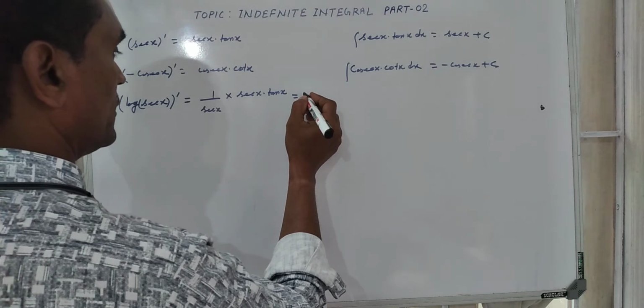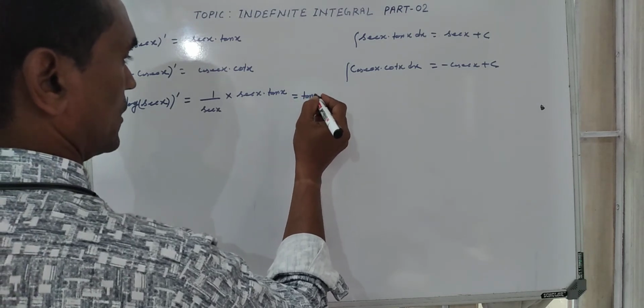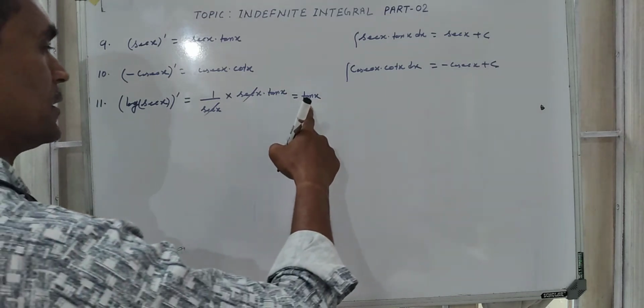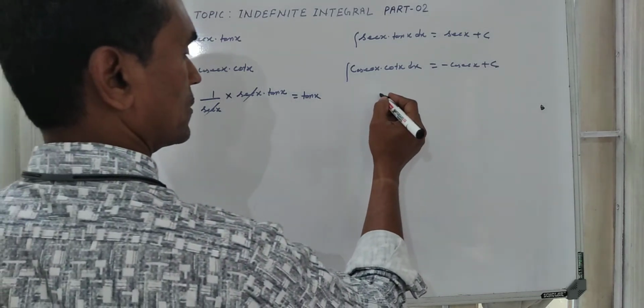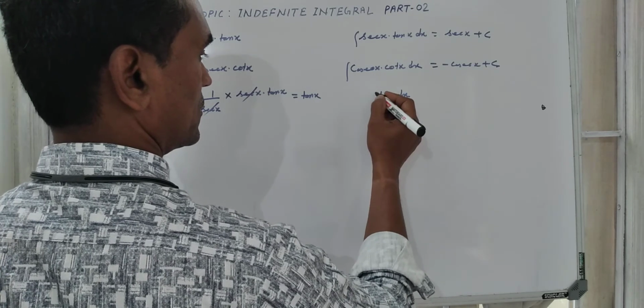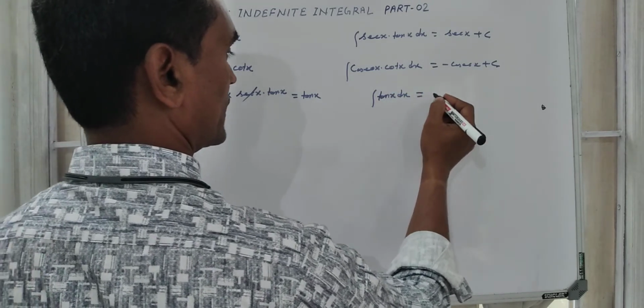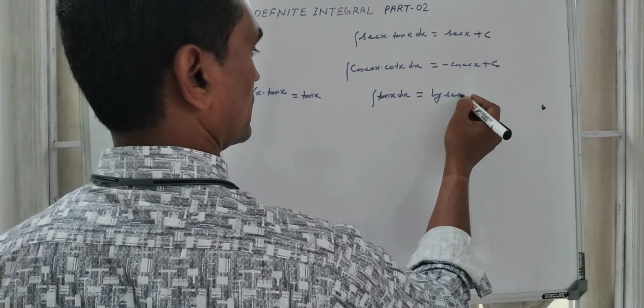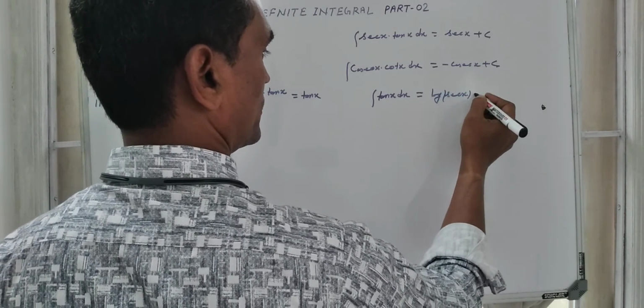So ultimately we are getting tan x after cancellation. So integral of tan x with respect to x is log of sec x. We put here modulus sign.